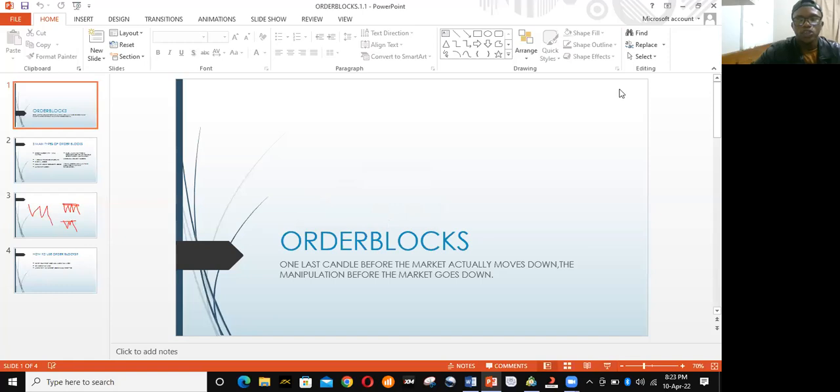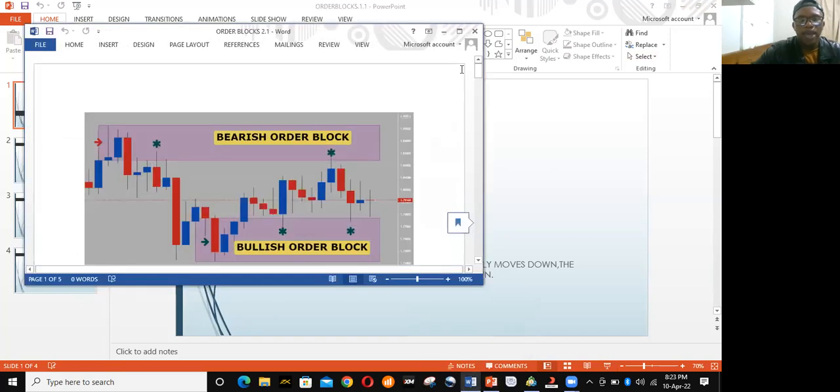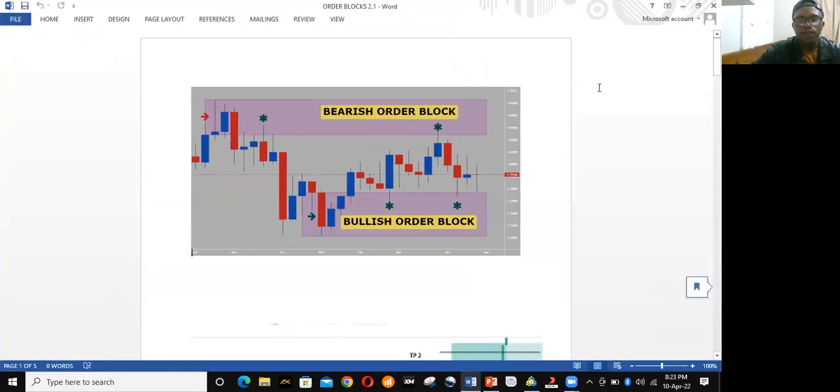Okay, so that's it for our order blocks today. I've just got a few images to help me explain, making you understand better the concept of order blocks.